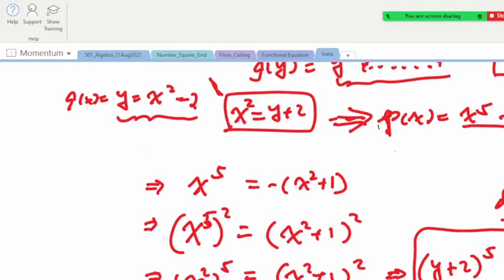So this is one way we can simplify the problem.